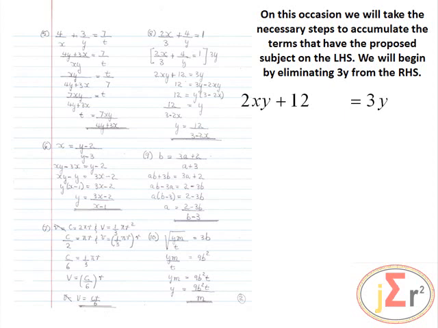We will begin by eliminating 3y from the right hand side. So this time, on this occasion, we are accumulating them on the left hand side in order to explain why we actually accumulated them on the right hand side.